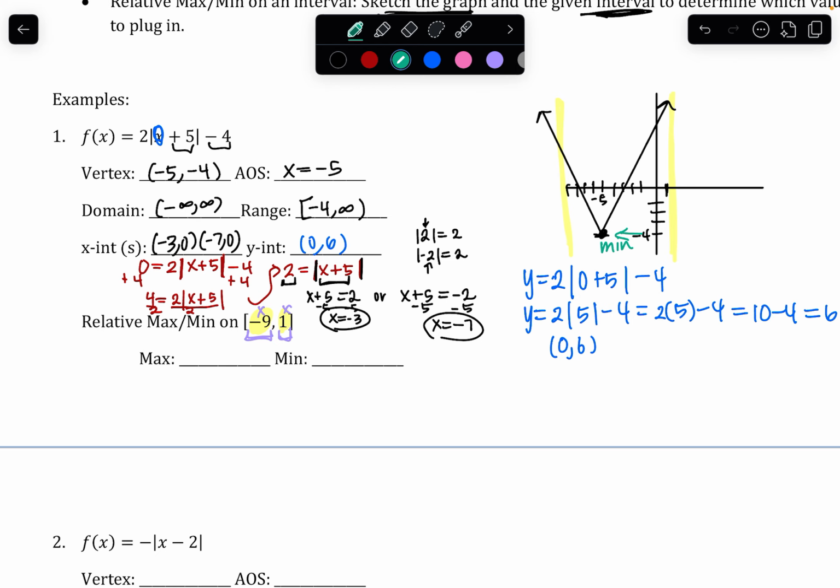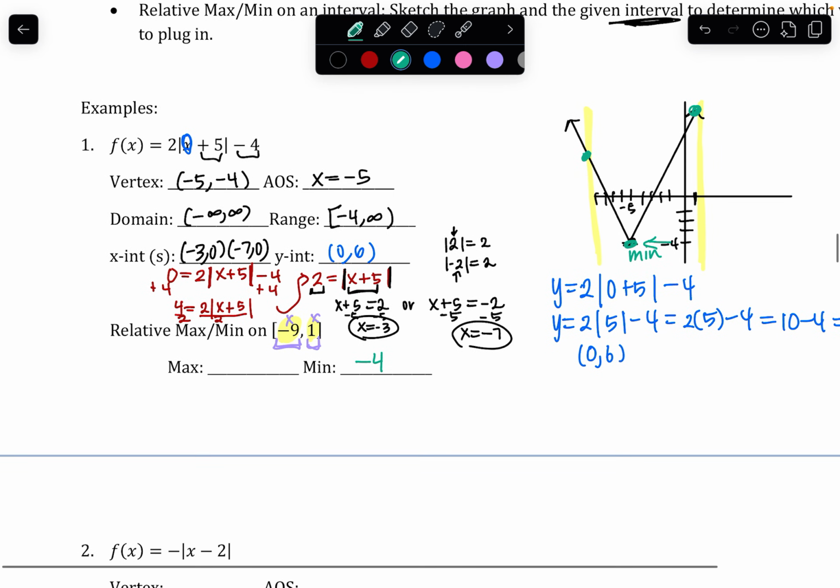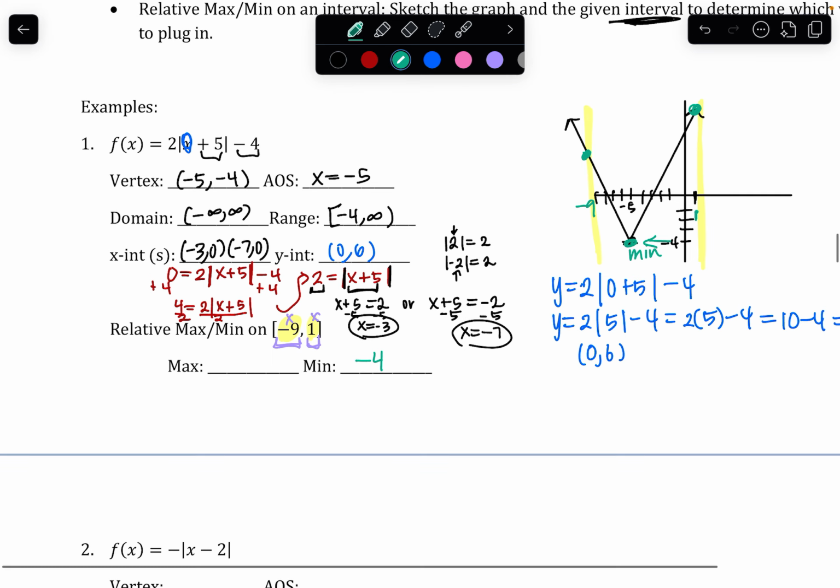And then the maximum is going to occur at one of these endpoints. It's looking like it's going to occur over here at the right side of the endpoint, since here this other negative 4 is closer, but I tested both. And so the minimum is for sure negative 4. To find the maximum, we're going to test both the negative 9 and the 1 to see which one's higher.